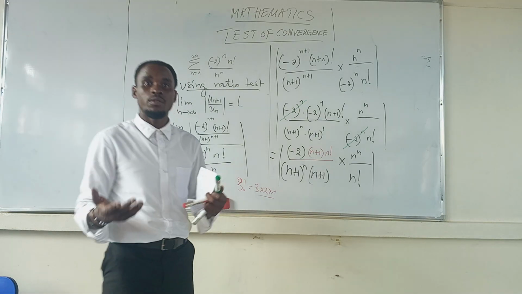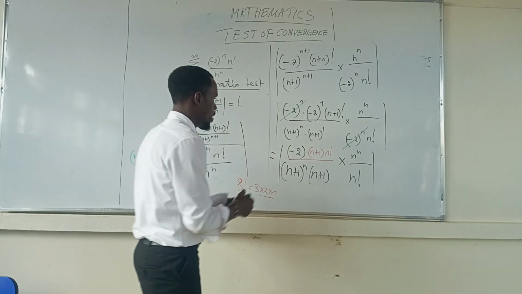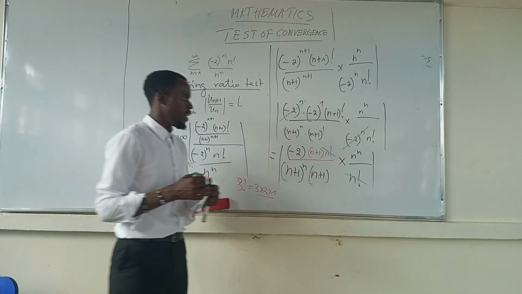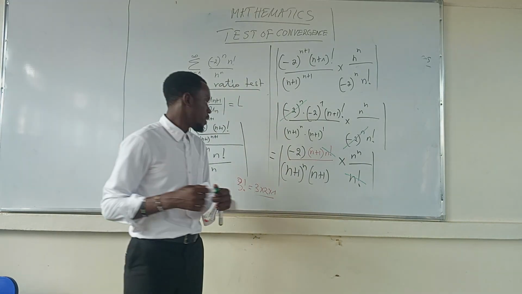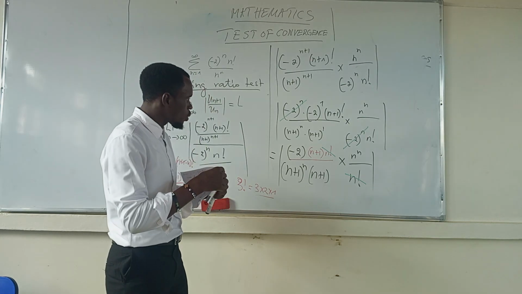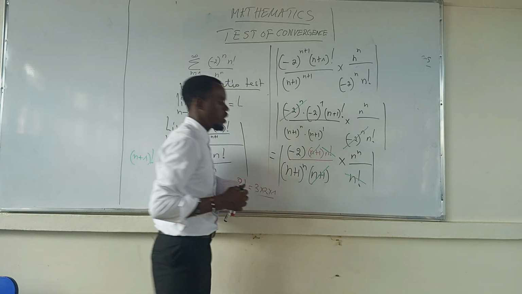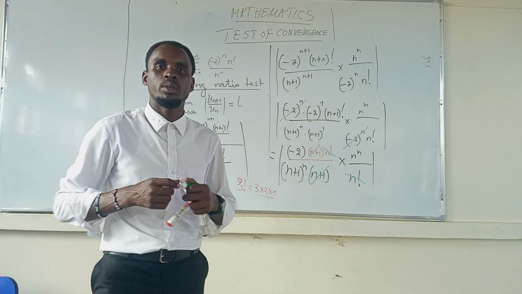If you observe it carefully, you will find that this n factorial and this one will be simplified. Also, this n plus 1 and this n plus 1 are going to be simplified.